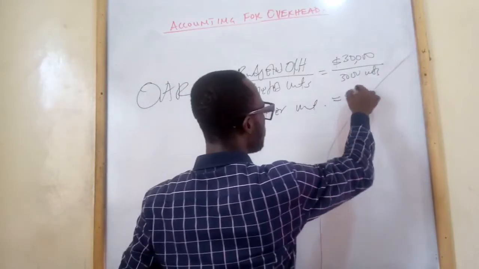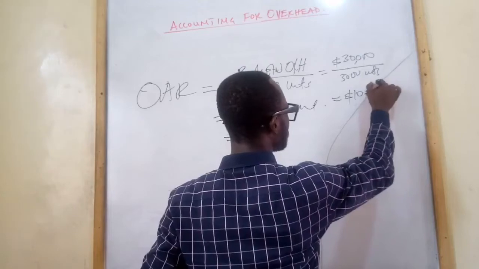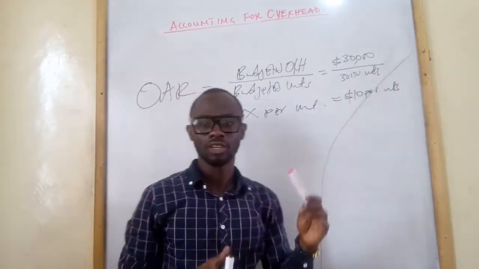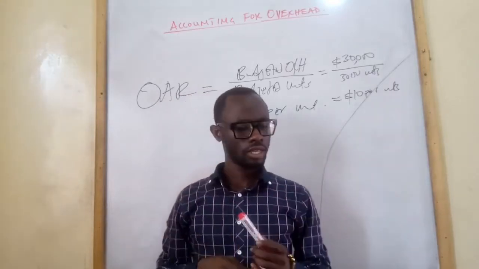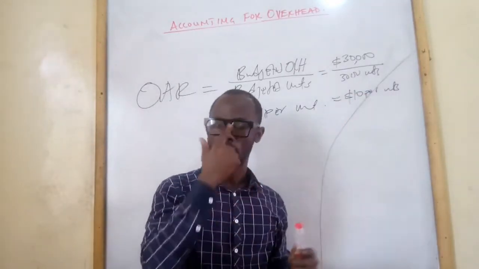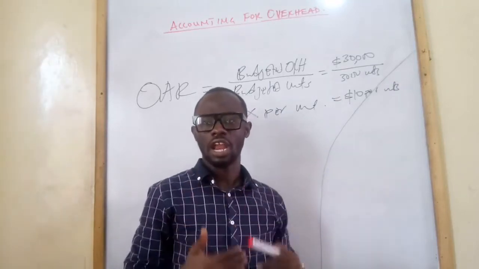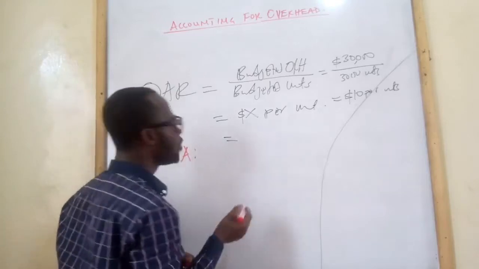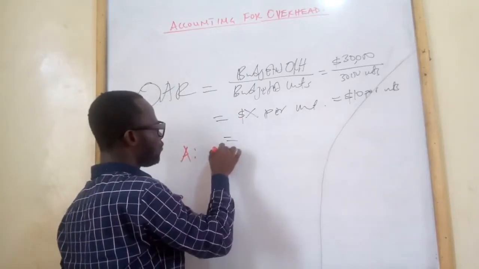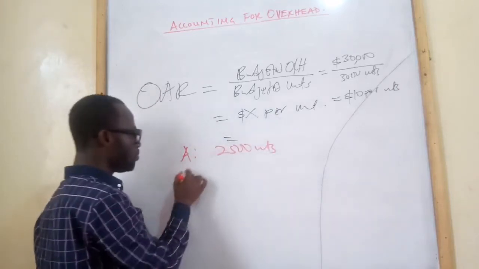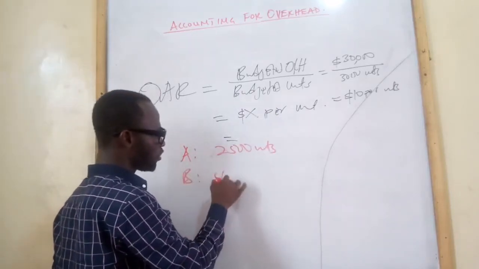So the overhead absorption rate is $10 per unit. This is the budget, that we want to produce 3,000. So we're going to absorb the overheads using the $10 per unit. But if you look at the actual activity we undertake, A, maybe we produced only 2,500 units. And then B, we produce 4,000 units.